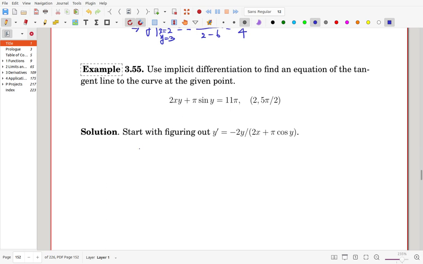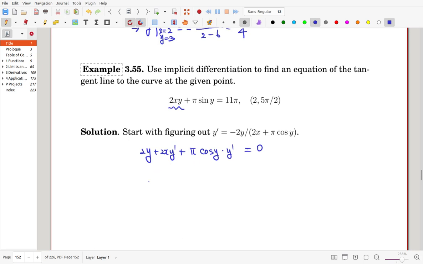Then that is the same as 2y plus 2xy prime from this term, plus pi, and sine y will be changed into cosine y times y prime. And then on the right side, the constant will become 0 in the derivative.